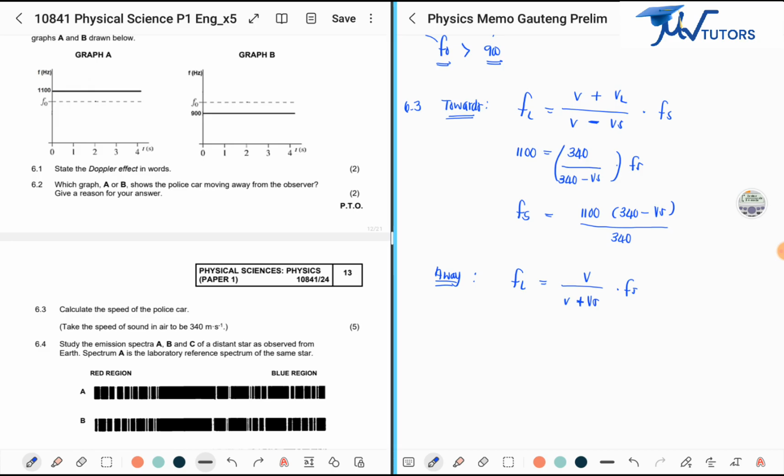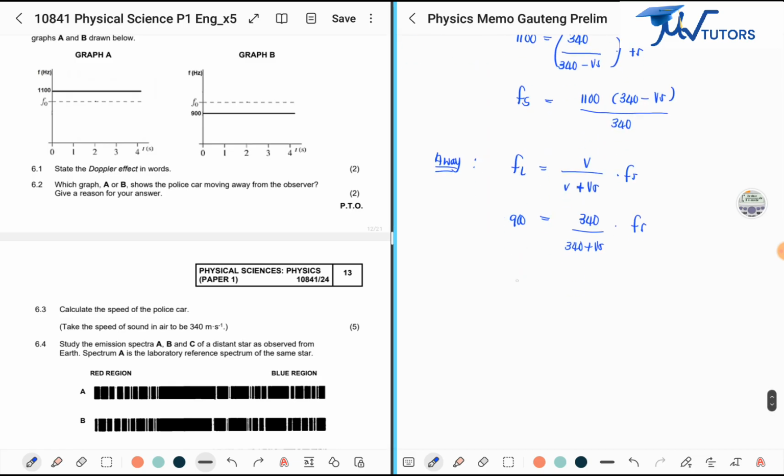Anyway, the frequency of the listener was 900, and then we have our 340 over there, and 340 plus the speed of the car, and then the frequency of the source. This is my equation number 1. If I write this in terms of the frequency of the source, I'm going to get 900 multiplied by 340 plus the speed of the source, divided by 340.